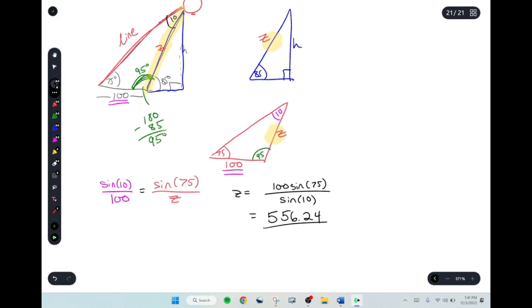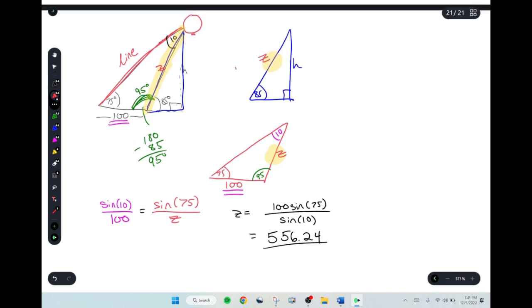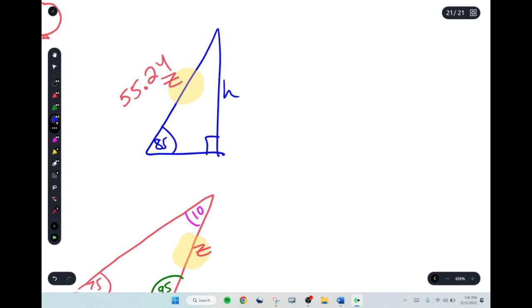Okay. But that's Z. That's cool, but that's not what we wanted to get in the end of this day. We wanted that height, right? So we're going to hop over back to this blue triangle, and we're going to say, is there a thing that relates an angle, call it theta, with its opposite side and its hypotenuse?